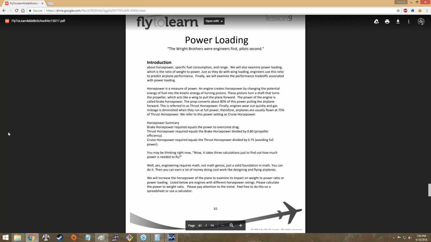So you may be thinking right now, wow, it takes 3 calculations to find out just how much power is needed to fly. Yeah. Engineering is math. You don't have to be amazing at it, but just a solid foundation in math. I'm not amazing at math, but I can still do stuff, probably.